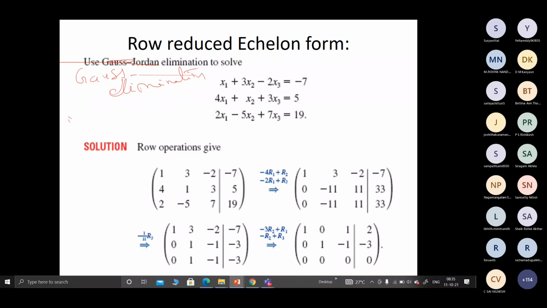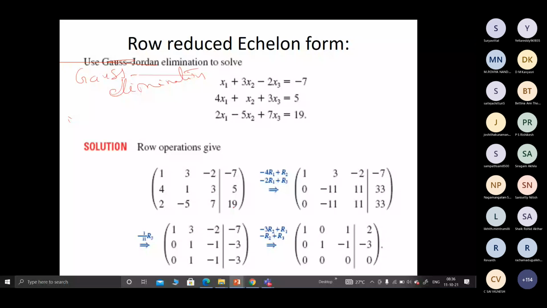Gauss elimination. Okay. So if you write that system in augmented matrix form, what do you get? 1 3 -2 -7, 4 1 3 5, 2 -5 7 19.